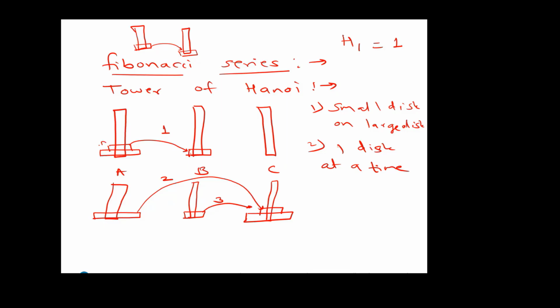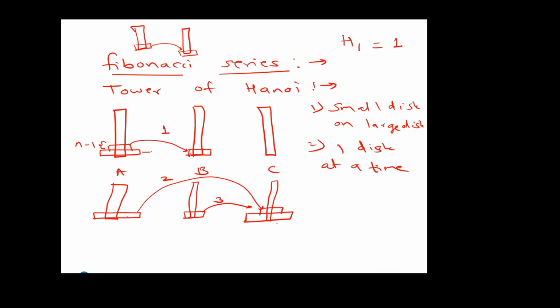Now, if you look at this part, when I'm moving 2 disks, the smallest disk I moved in 1 move. When I have 1 disk, that also I moved in one move. And then for the rest, I moved the biggest disk from A to C, and then I moved the smallest disk on top of that. So what they are saying is that, whatever the n-1 disks are, first we have to move those n-1 disks to one bar.